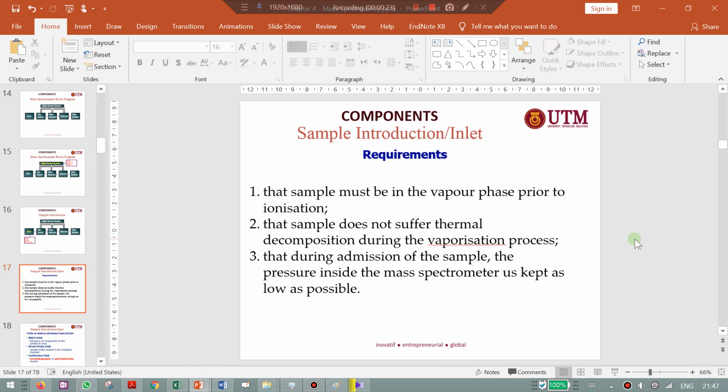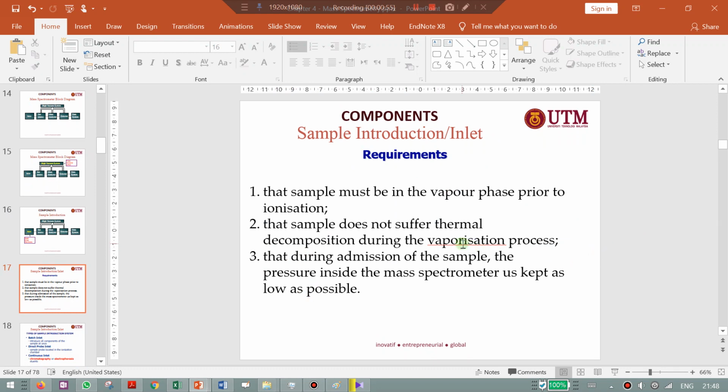If your system requires chromatography, requires separation, then the introduction is from the column into the ionization chamber. If you don't have a chromatography system, the sample comes from the batch inlet system or the direct inlet system, from that particular inlet system to an ion source, or we call it the ionization chamber.